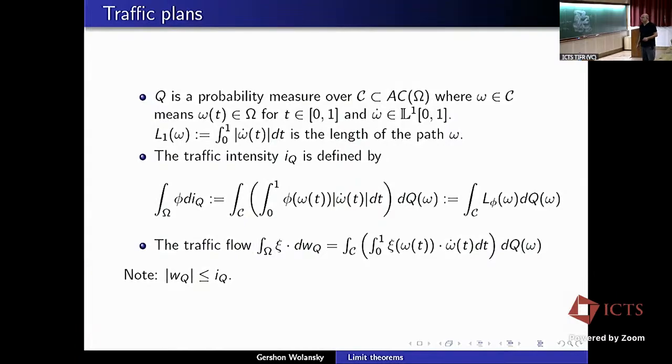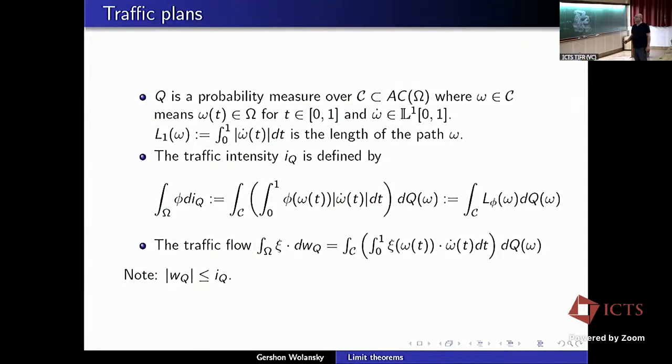So it's kind of obvious that we have this inequality. The absolute value of W is the sum of the total variations of the measures. Remember, W is in general a vector of measures, not necessarily positive, but this is the sum of positive measures. And we always have this inequality.